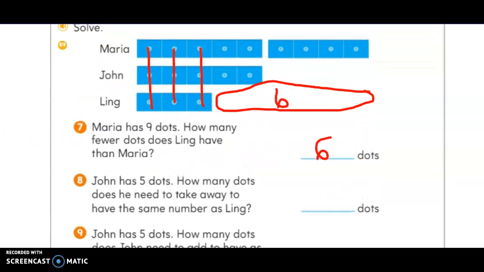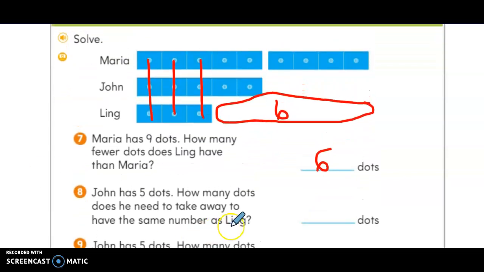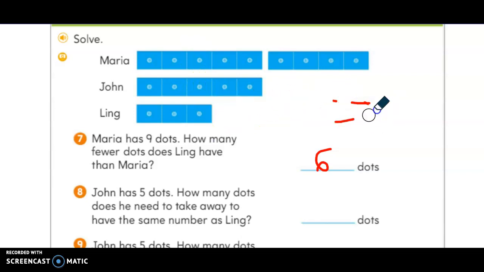Now we're talking about John and Ling. Okay, I'm going to clear this off just for the purpose of you being able to see it. So John has 5 dots. How many dots does he need to take away to have the same number as Ling? So let's compare John and Ling. These are the same.